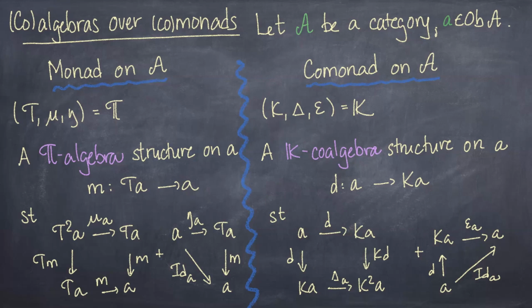Now, I'm going to use this approach and talk about the next thing, which is associating certain simplicial or co-simplicial objects to monads and comonads. This is going to be important for the construction of a calculus from a comonad or a cocalculus from a monad.